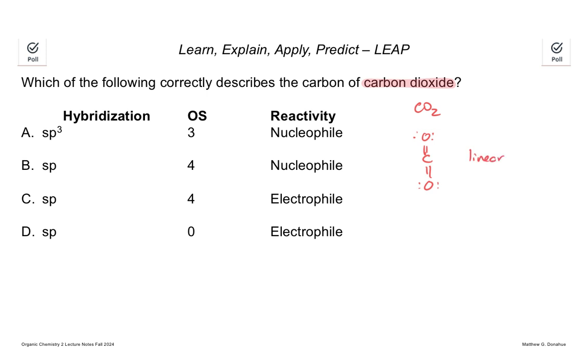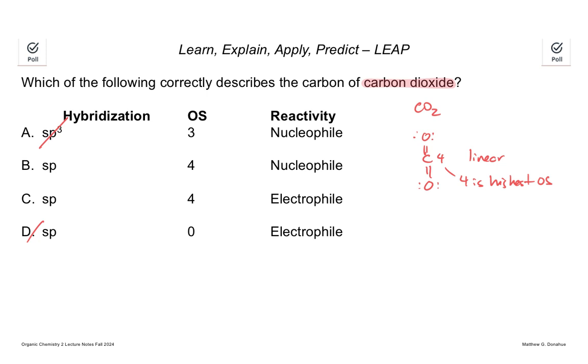The carbon atom has 2 sigma bonds and 2 pi bonds, so it has to be sp hybridized. That eliminates A. If you count the oxidation state, you have 4 bonds to oxygen, so that eliminates D. And 4 is the highest oxidation state.